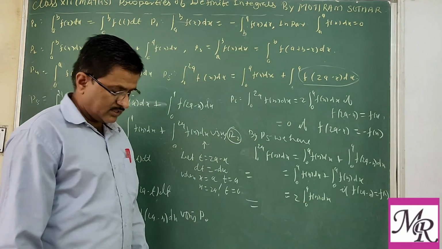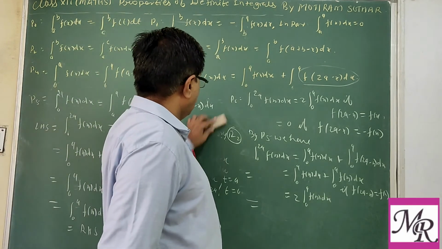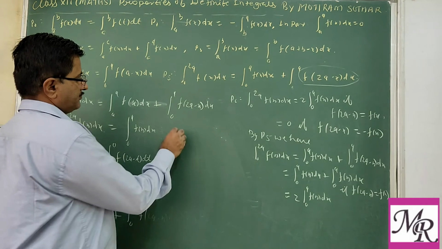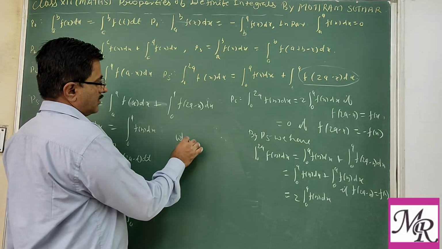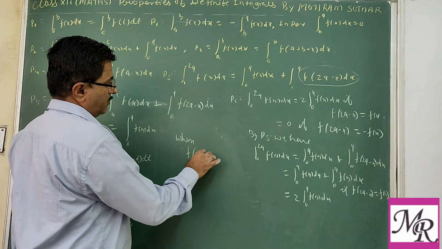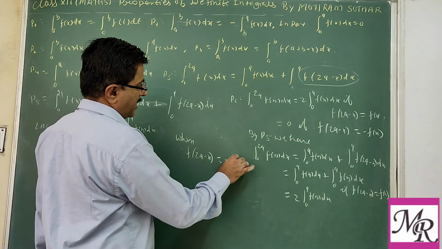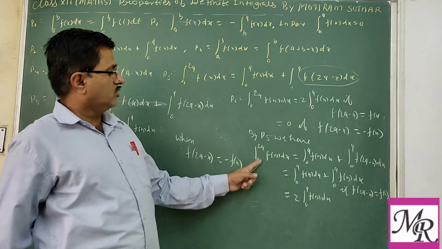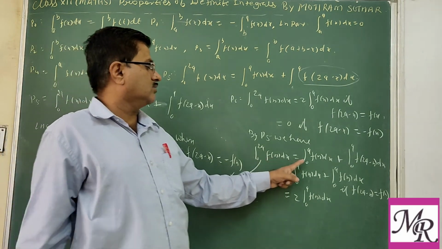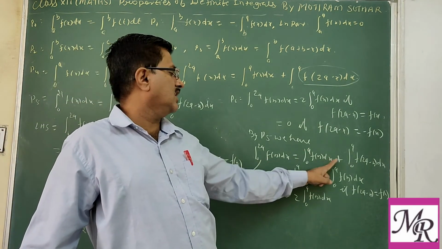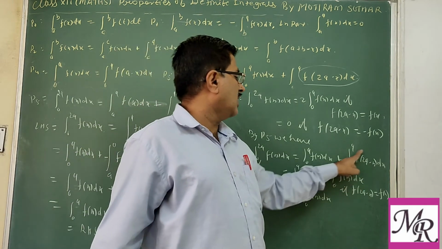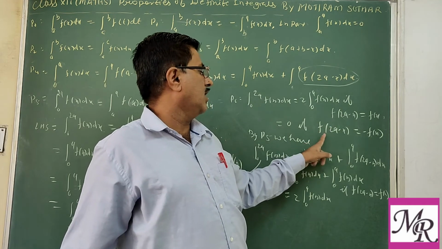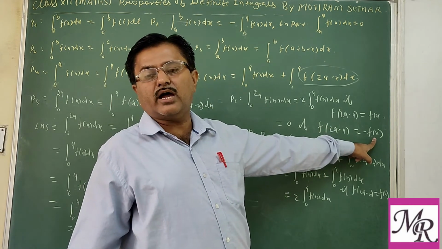And the second case is when f of 2a minus x equals minus f(x). In this case, the integral from 0 to 2a of f(x) dx is equal to the integral from 0 to a of f(x) dx plus the integral from 0 to a of f(2a minus x) dx. Now this value we have to replace by minus f(x), in the second condition, if f of 2a minus x is given as minus f(x).